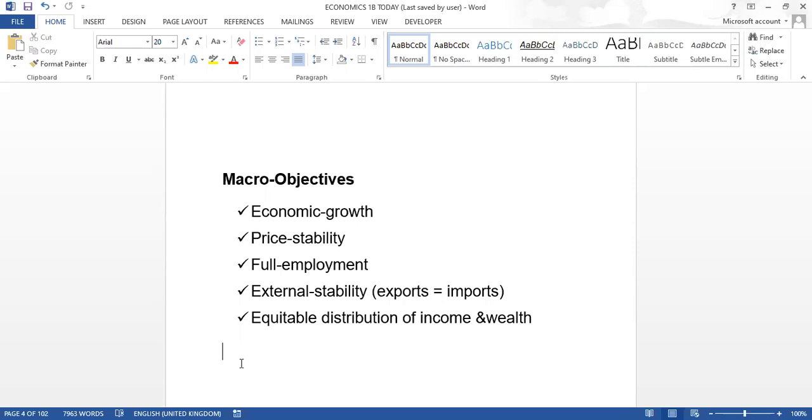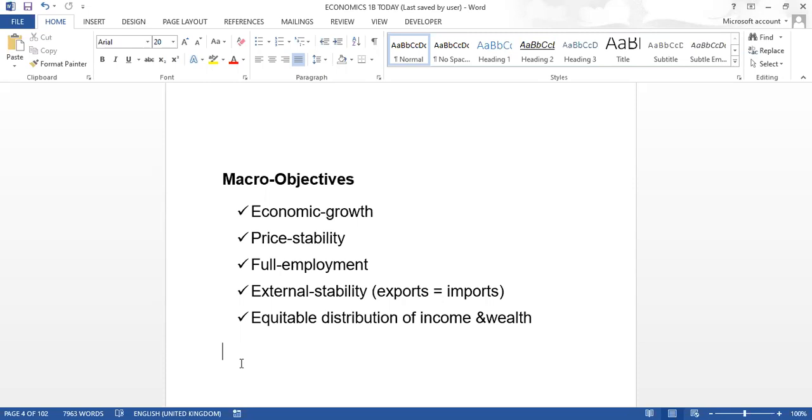and hence as a result, that would affect the matrix in relation to other economic objectives like economic growth, price stability, full employment. If the economy is importing more goods than it is exporting, that creates an imbalance within an economy, which is sometimes referred to as a balance of payments deficit, which creates a phenomenon that we are consuming goods that are coming from other countries rather than us exporting goods to other countries.